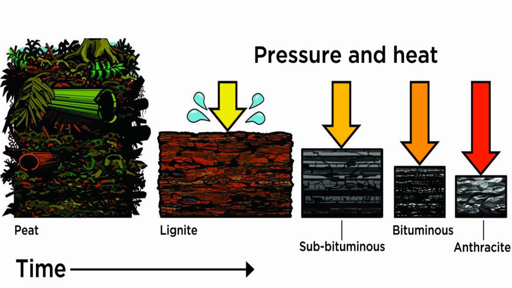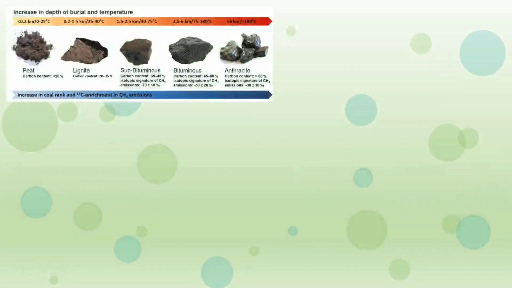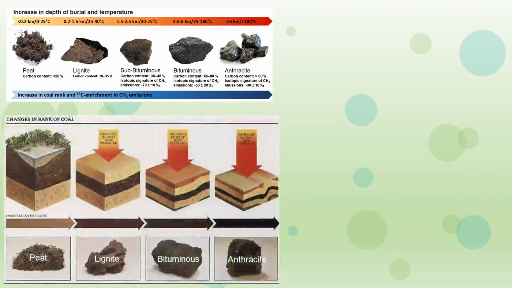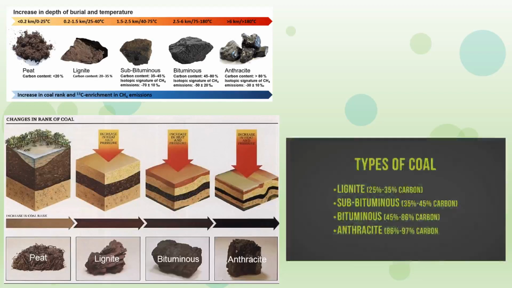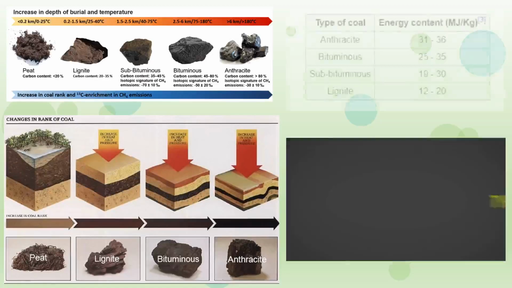As these transformations occur, the amount of water and other compounds in the coal decreases and the coal becomes more dense. The energy content of coal varies along with its maturity. That is, older is better. And you have seen the oldest one is anthracite coal. You can see in the table.